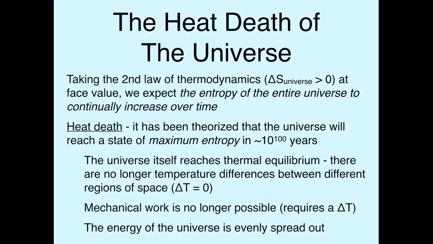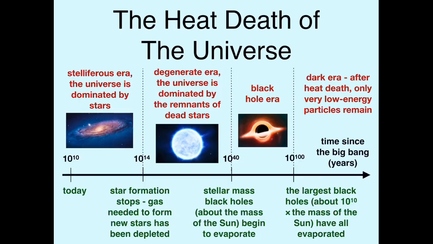So definitely, once we reach heat death, you can't have things like living organisms. You can't have any kind of interesting structure like a star or a galaxy. All you have is just a bunch of particles evenly spread out, all with the same temperature, and it's kind of boring. Nothing can really happen after heat death is reached.